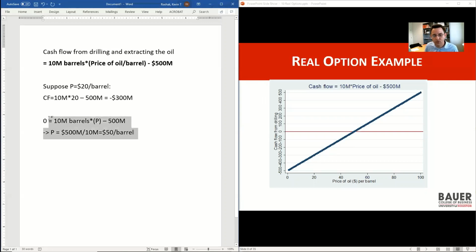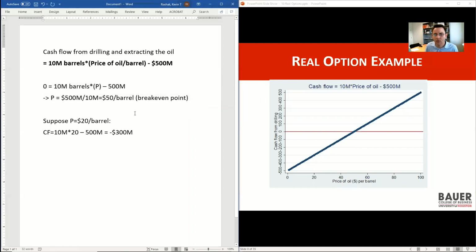Okay, so suppose, so this is the break-even point. I'll write that and move that. How to value the field? We calculate the expected price of oil, and we use that to generate the cash flow.